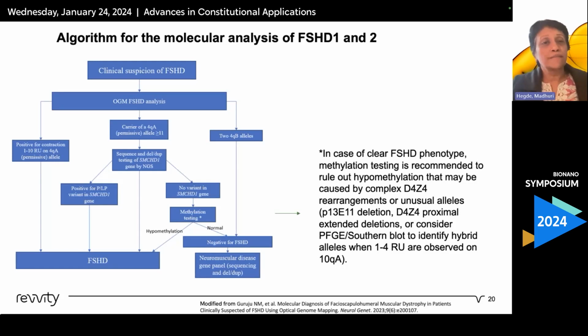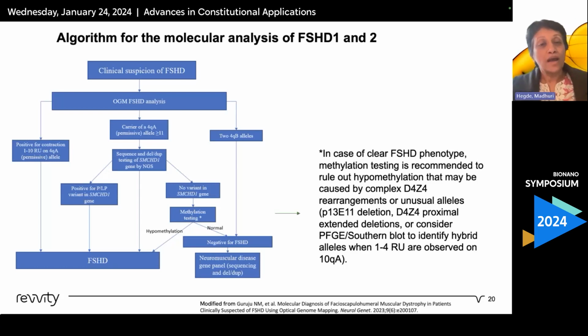If it's a carrier of a 4QA allele which has more than 11 repeat units, then we are saying, sequence and del/dup the SMCHD1 gene, and the other 2 genes can also be looked at. And then go on to issue a positive report for the P/LP variant in the SMCHD1 gene.